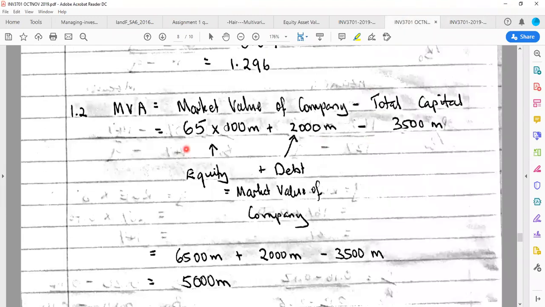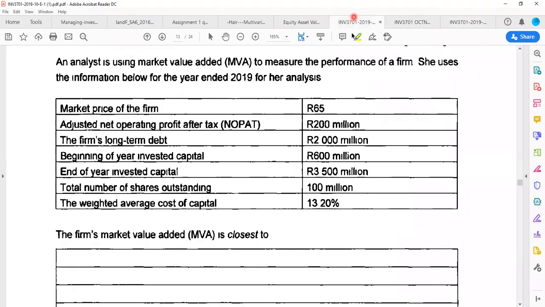So in this particular question, remember the market value of a company is made up of equity and debt. The debt in this case is 2,000 million, which is 2 billion. So this is the debt.